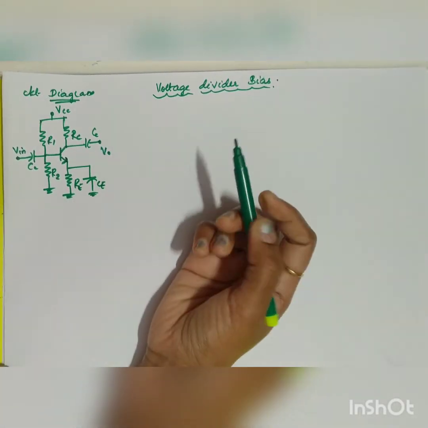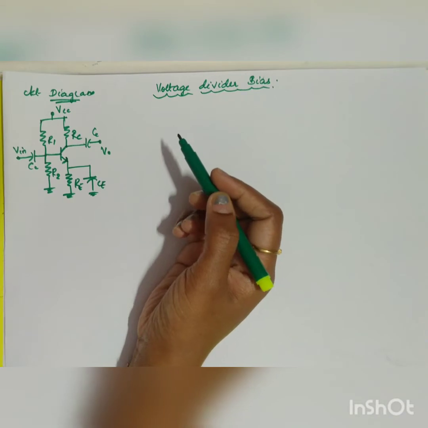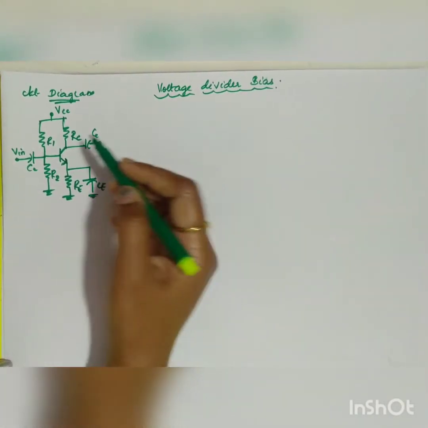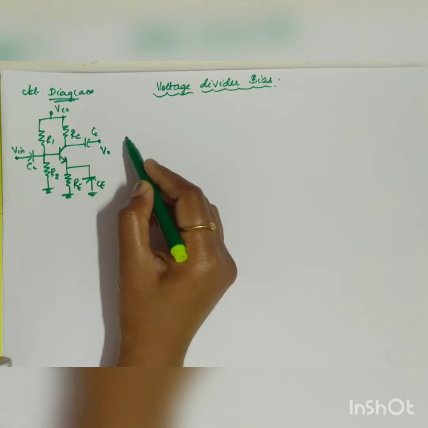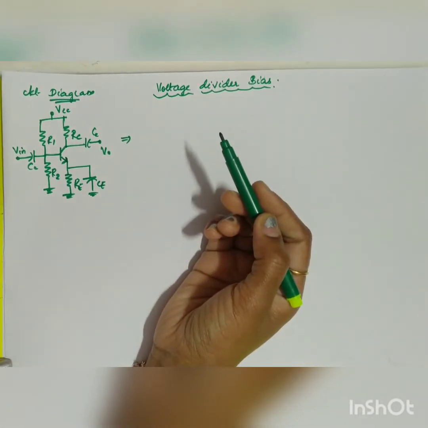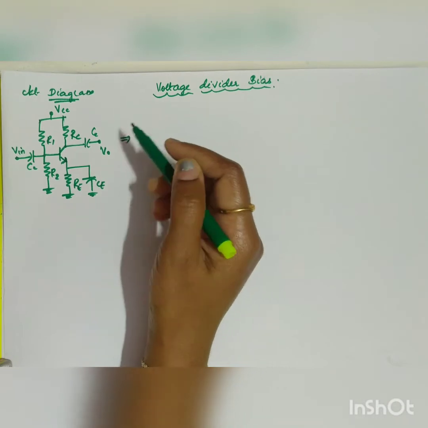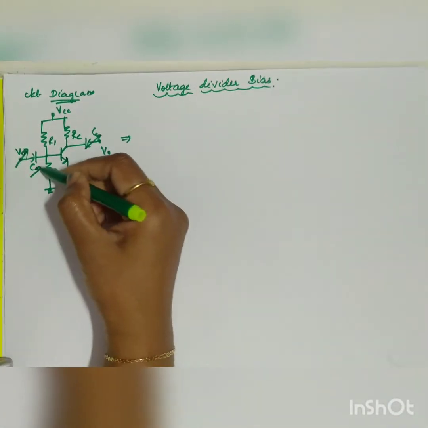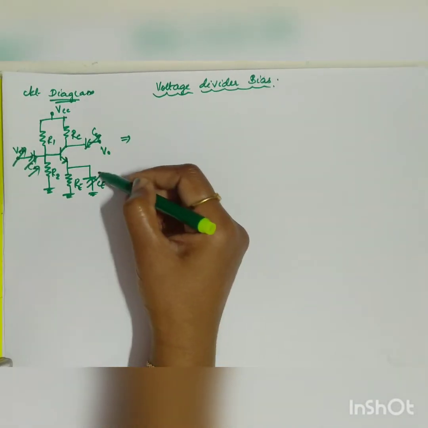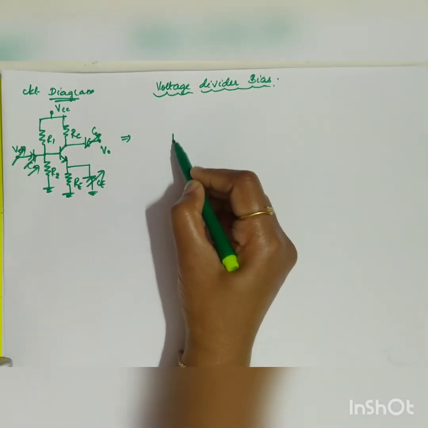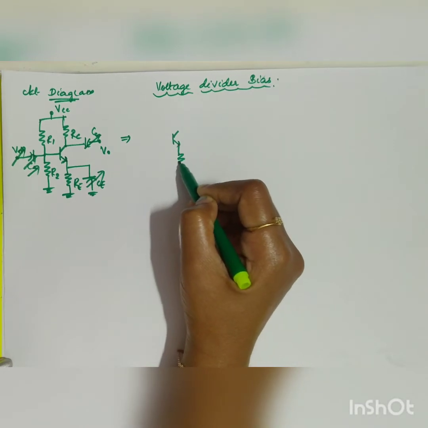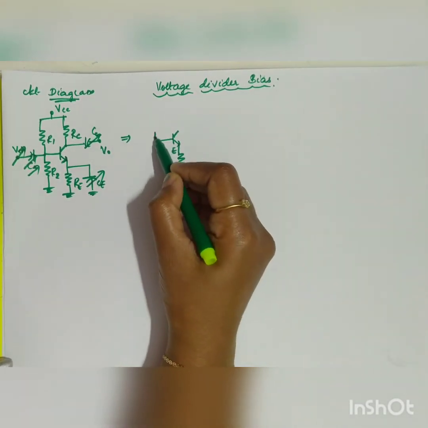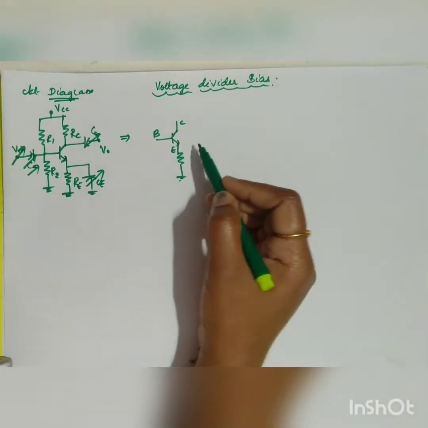In order for your transistor to act as an amplifier, it has to work in the active region. So first let us go for your DC analysis. When we do the DC analysis, your input will be made 0 and your capacitors will be open circuited. So your circuit will be converted into only resistors: this is your emitter, this will be your base, and your output is going to be the collector.